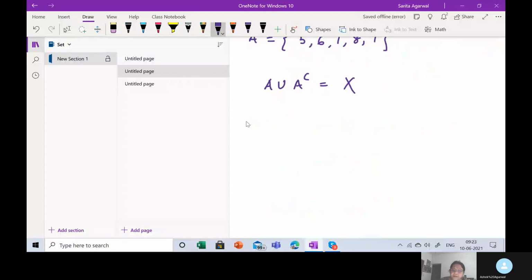A complement is also written as a difference.